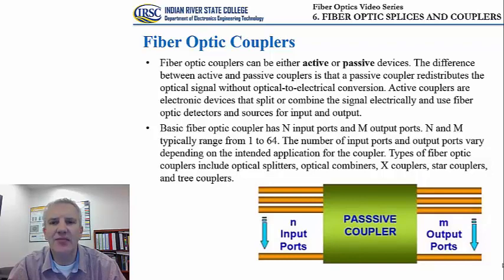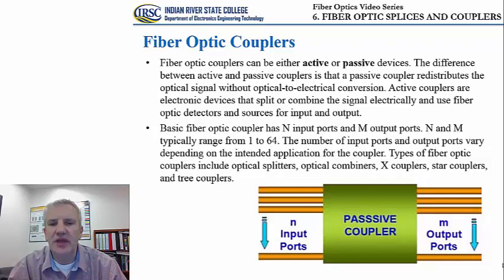On the other side, active couplers are electronic devices that split or combine the signal electrically, and then they use fiber optic detectors or power sources that turn the electrical signal into an optical signal, or it may be the other way, where the optical signal is transformed into an electrical signal and then split or combined.